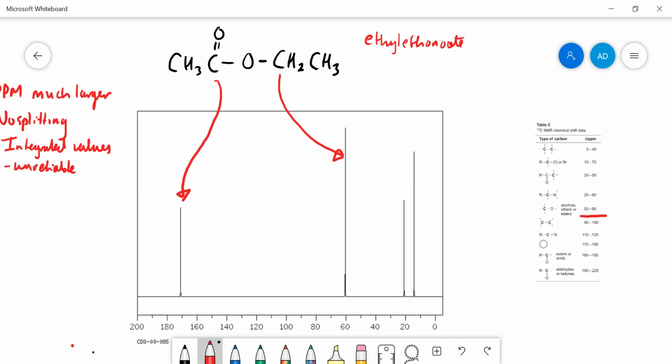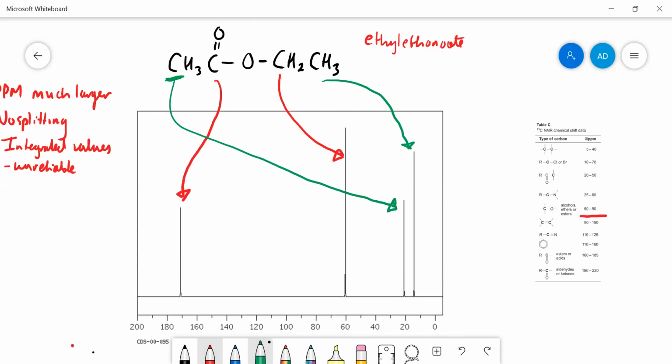And then these two low ppm ones, around 20, are probably that one and that one. Which one is which is not really going to be clear. You might think this one would have a slightly higher ppm because it's near the carbonyl, than this one, which is further away. But I don't think you can definitely say which one is which.